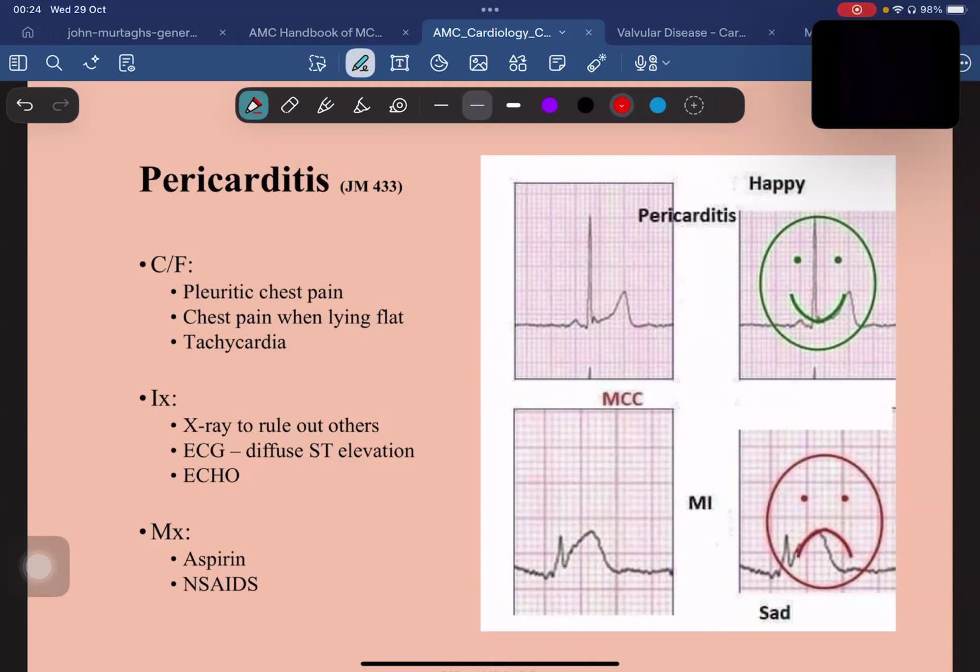And this is a point you have to really remember: with the ECG, you could properly differentiate MI and pericarditis. This is something that really happens in AMC. They would mix up the question directing to both MI and pericarditis, and they would give ECGs.